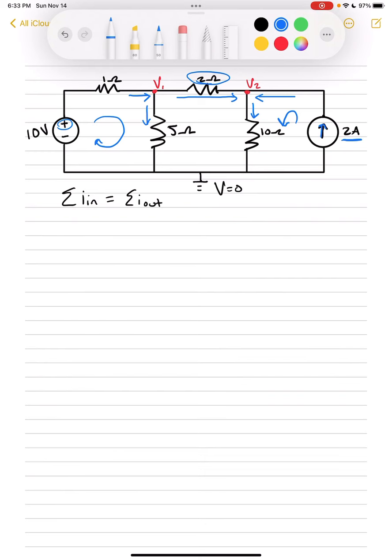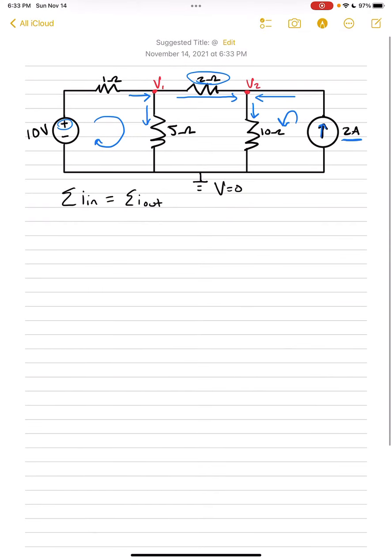Once we've assumed the current directions, we can start to apply Kirchhoff's current law at each node. So let's start looking at node V1. Kirchhoff's law, we can see, is the current coming in is equal to the current coming out. So let's just say that going in is going to be positive and coming out is going to be negative, okay?